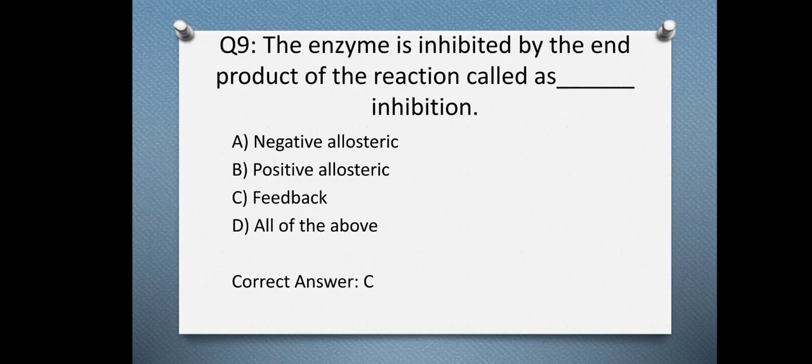The rate of production of the pathway's end product is thereby brought into balance with the cell's need, and this is called feedback inhibition. For example, biosynthesis of L-isoleucine from L-threonine in bacterial cells. So the correct answer of this question is option C, feedback inhibition.